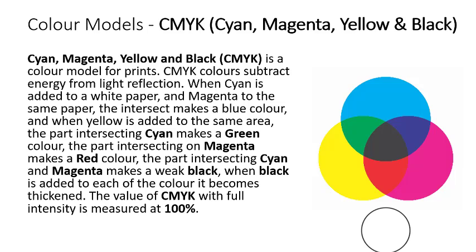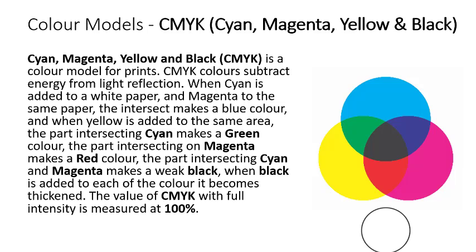When cyan is added to a white paper and magenta to the same paper, the intersect makes a blue color. And when yellow is added to the same area, the part intersecting cyan makes a green color. The part intersecting with magenta makes a red color. The part intersecting cyan and magenta makes a weak black.